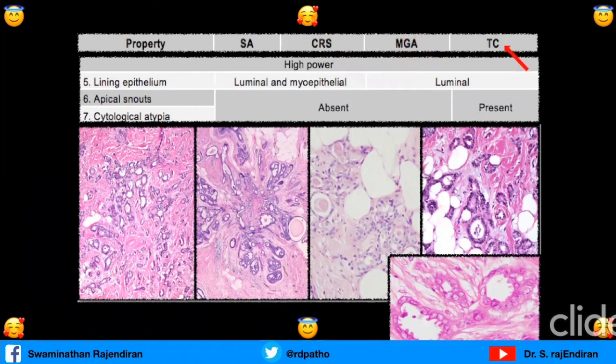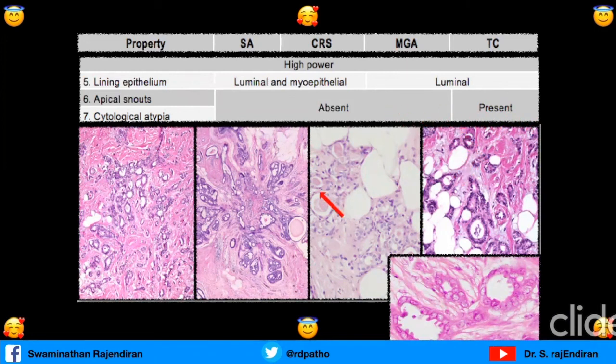In microglandular adenosis and tubular carcinoma, it's only luminal cells. The myoepithelial cells are absent. Look for the apical snouts. Here you can see very nicely, which is very commonly present in tubular carcinoma. And cytological atypia will be present in tubular carcinoma, but it is low-grade cytological atypia. Sometimes it's difficult to differentiate, so that point may not be very helpful.